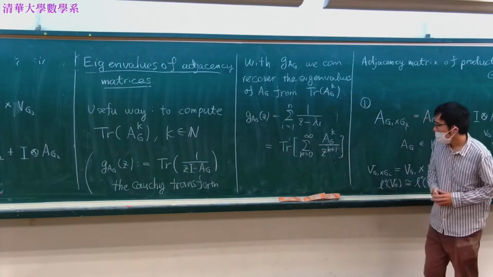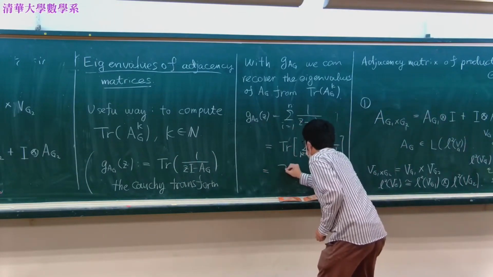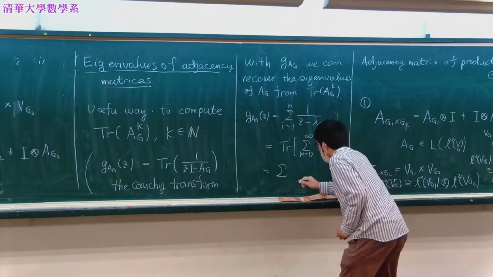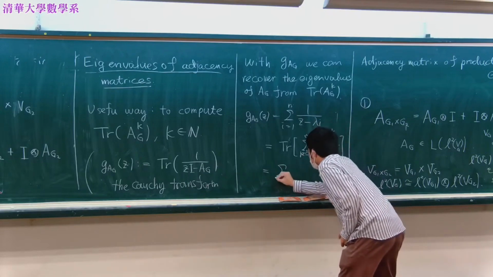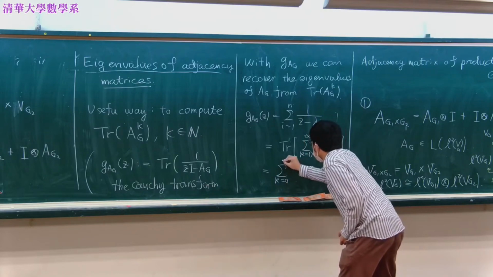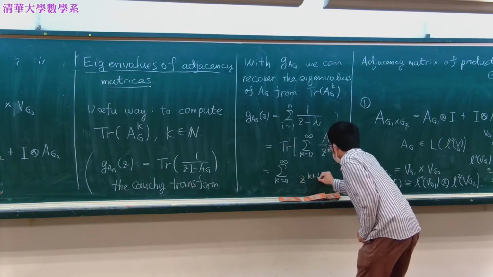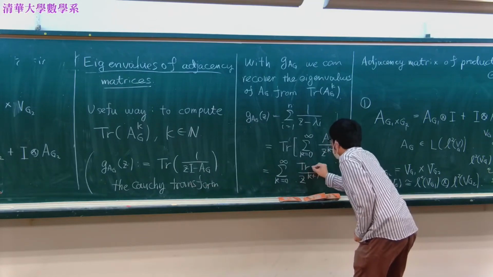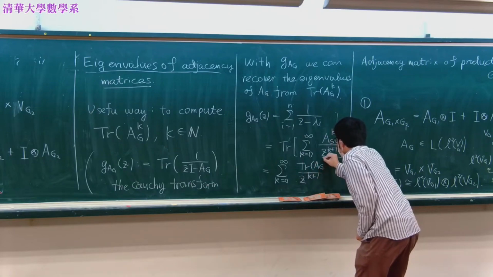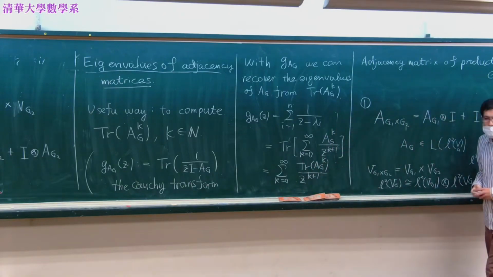Then we are allowed to exchange trace and sum in a suitable region. So we get the sum of trace of A_G to the k over z to the k plus 1.